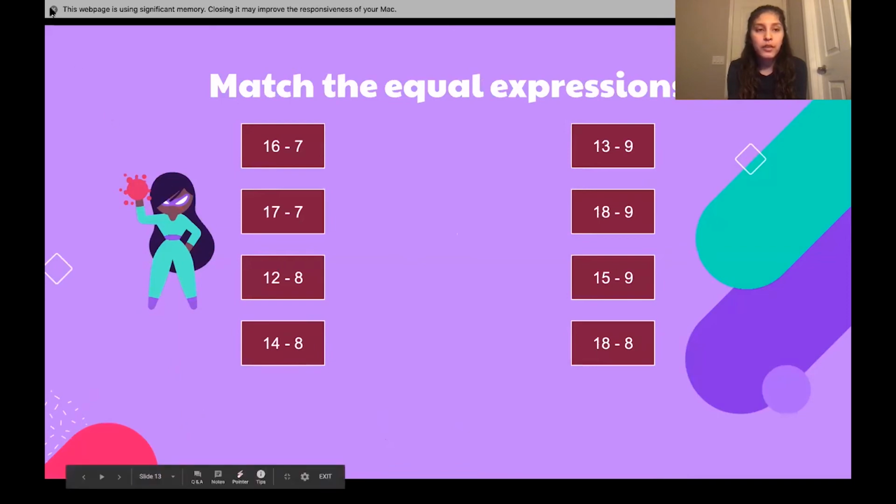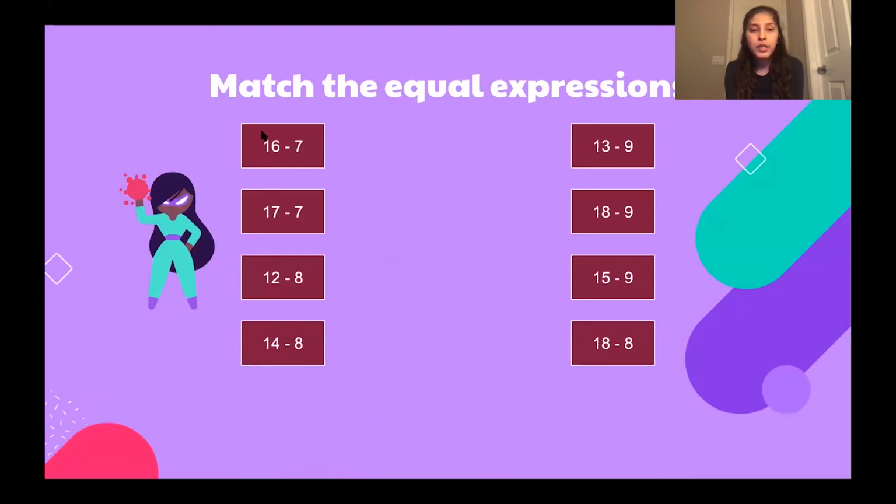For this one, we're going to match the equal expressions. What you can do is, on the same piece of paper or a different piece of paper if you want, copy all the problems and put them on one side. So the 16 minus 7, 17 minus 7, 12 minus 8, 14 minus 8.